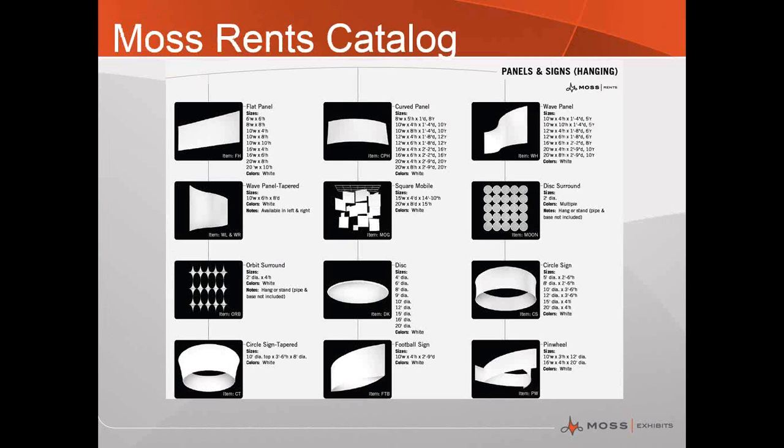This is an example page out of our Moss Rents catalog. This has everything from mobiles, surrounds, lots of your classic hanging sign type shapes. So again, lots of categories in our catalog. This will be part of our follow-up too, but you can get a sense of all we have to offer from our rents program and all the sizes that are available right there.